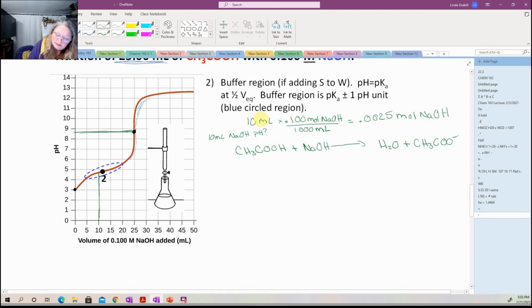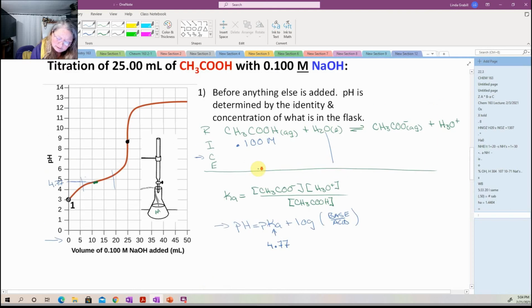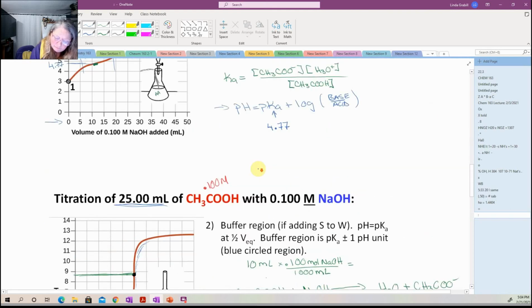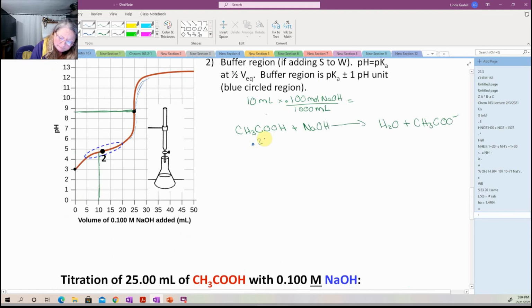We know my starting moles. So this was 0.25 moles, if I remember correctly. Now I'm doubting myself. 0.025 moles. Actually, 0.0025 moles here.